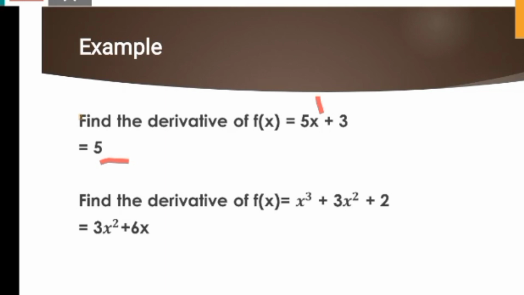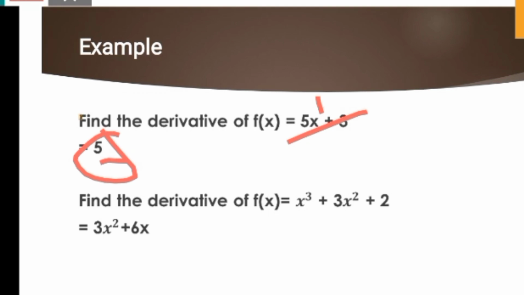And when we find the derivative of a constant without a variable, it is automatically 0. So it is automatically cancelled. Okay? So in this equation, the derivative of 5x plus 3 would be 5.